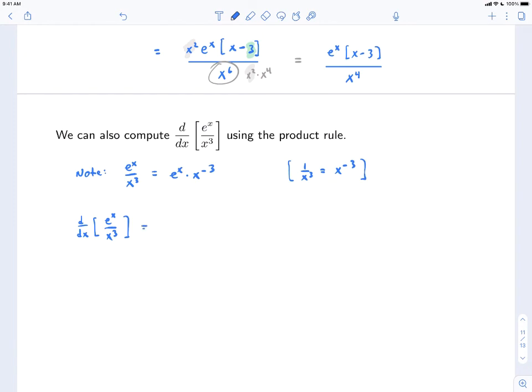is equal to the derivative with respect to x. We can just rewrite this as a product, e to the x times x to the negative 3. And then this will give us, using the product rule, the derivative of the first times the second plus, because we're using a product rule now, the first times the derivative of the second.